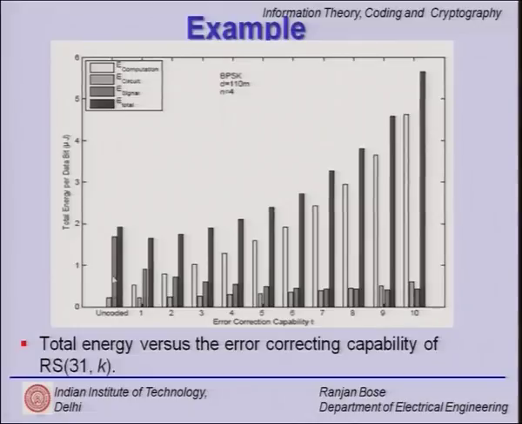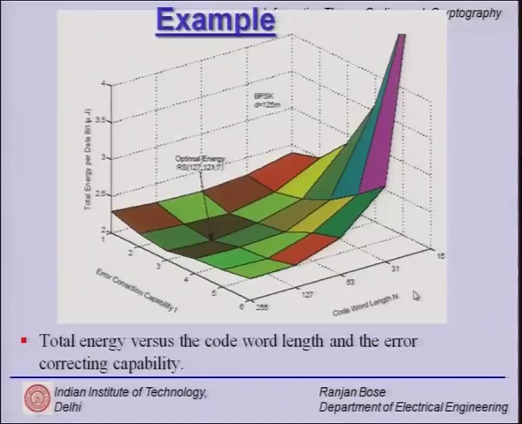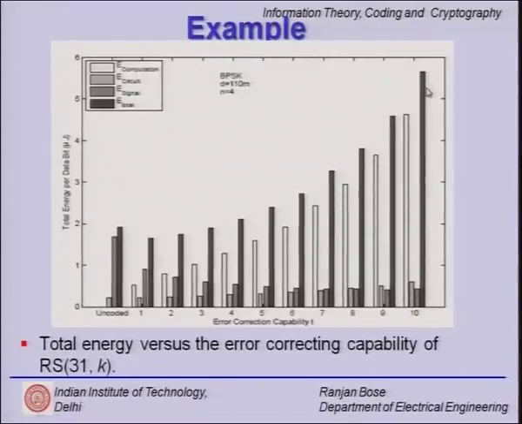The darkest is the signal energy, followed by the circuit energy, and the lightest is the computation energy. The total dark line is the total energy. There are different components there, and as we increase the error correcting capability, all of them increase, consequently leading to an increased total energy per data bit in terms of microjoules.